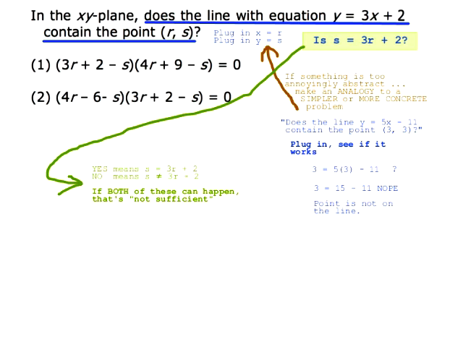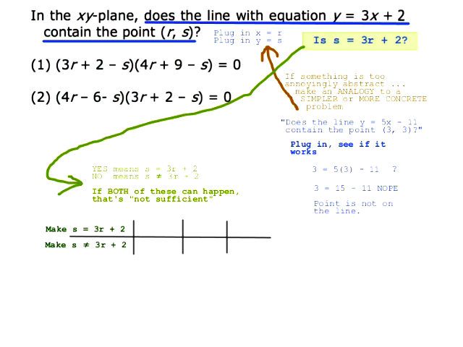In the sessions that we have recorded on yes/no data sufficiencies, we introduced this device where you write those two outcomes and then make spaces for checkboxes. The yes outcome would be that you can make S equal to 3R plus 2. The no outcome would mean that you can get S to be anything other than 3R plus 2.